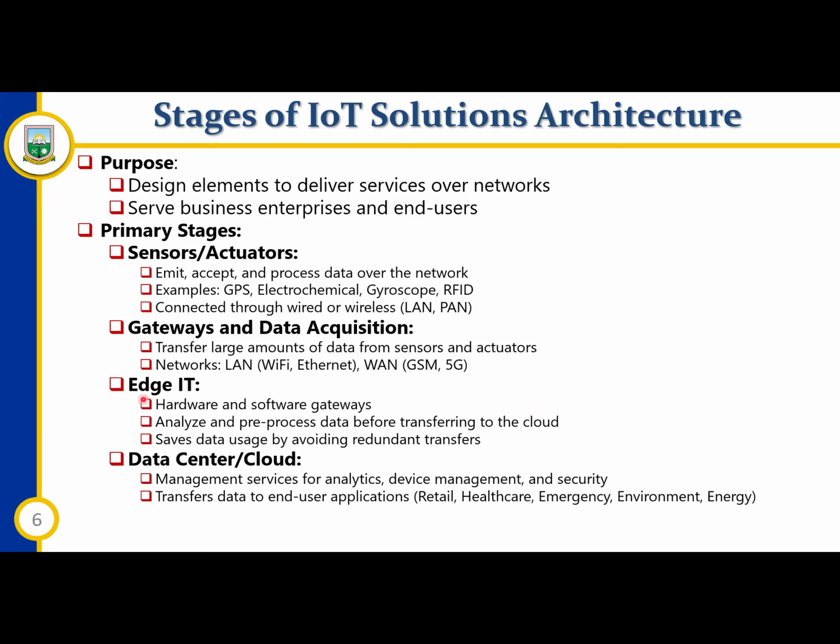Now let's talk about the next one, which is the Edge IT. The IT here stands for Internet Technology, usually the technology. So the edge in the IoT architecture, as you can see, is usually a hardware and a software gateway that analyzes and also processes the data before transferring it to the cloud.